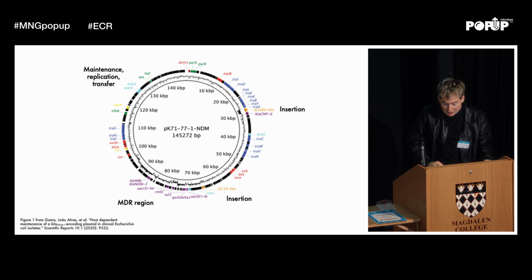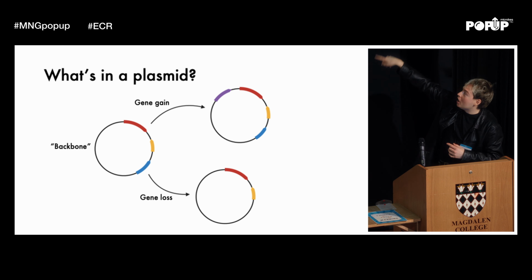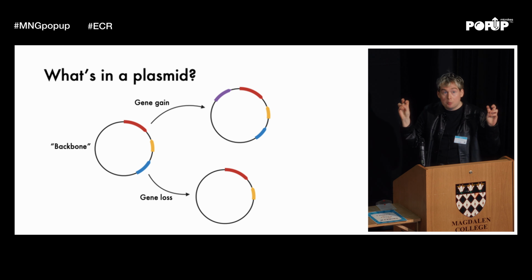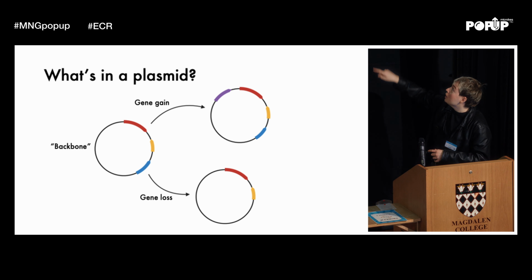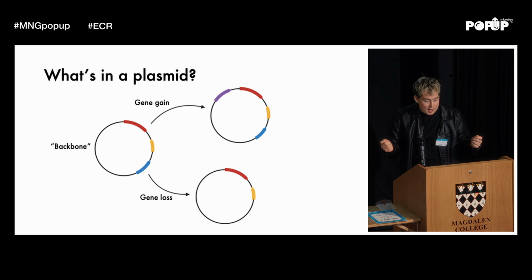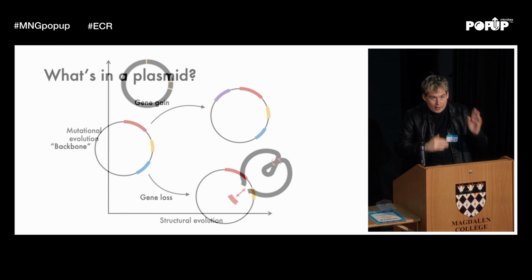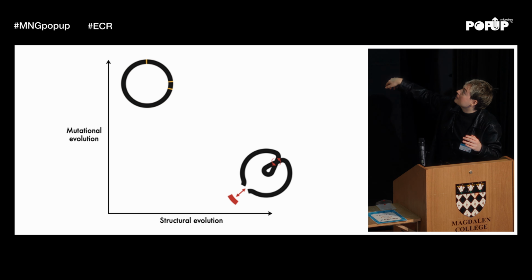And this is kind of classic of how plasmids evolve, right? We have this conserved set of kind of backbone genes, which the plasmid needs to survive. And as they move through a bacterial population, right, they're gaining and they're losing genes. And so the way I like to think about plasmid evolution is along these two axes, right?